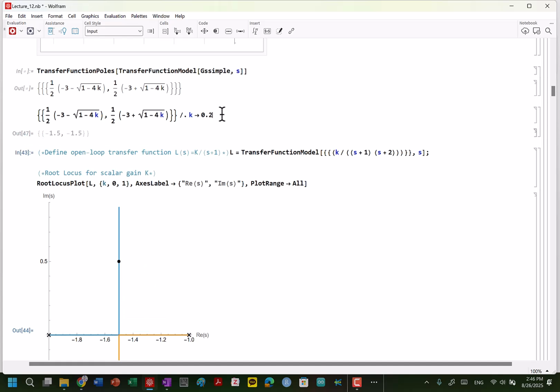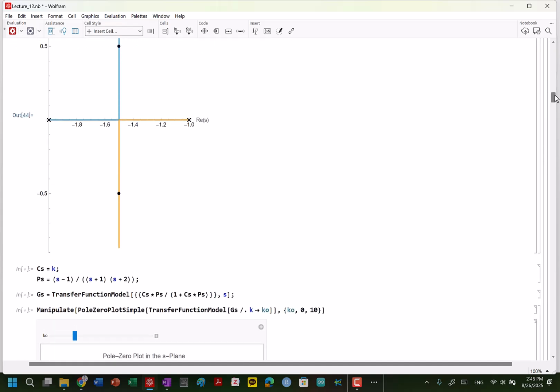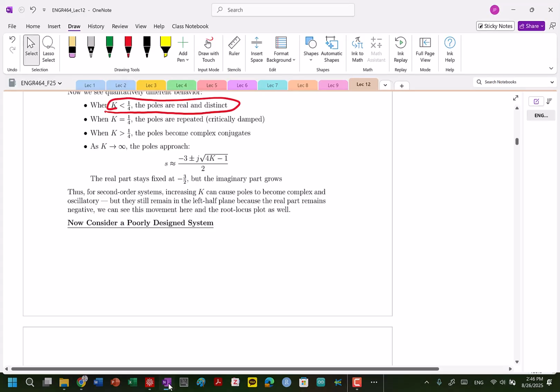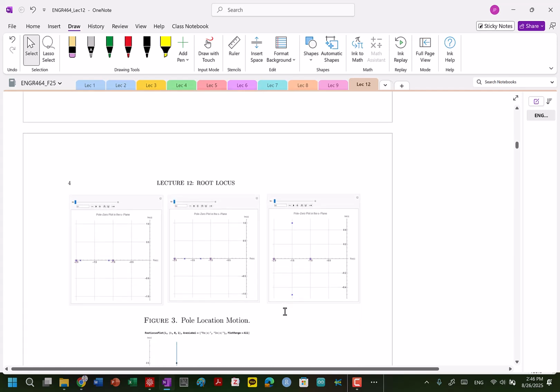After that, as we increase further to 0.3, they move up and down respectively, and you can see which one goes up and which one goes down. It's a really nice way to visualize where those poles are moving. It's a really cool technique, very helpful.